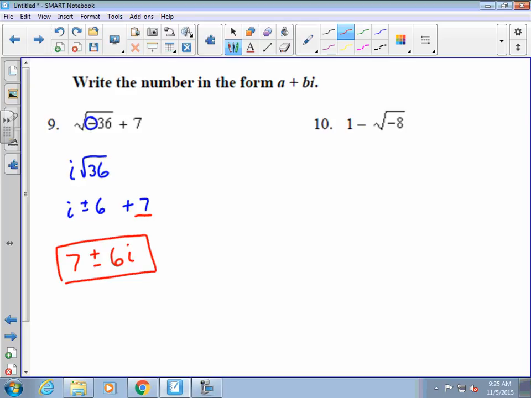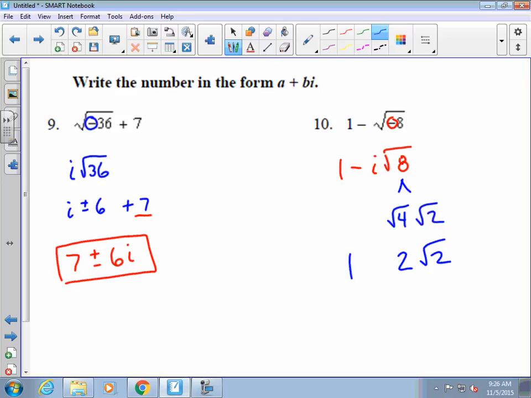1 minus the square root of negative 8. First things first, get rid of the negative under the radical by multiplying it by the imaginary number I. So we have 1 minus that. We can simplify the square root of 8 into 4 times 2. 4 is a perfect square. It's 2 times the square root of 2.